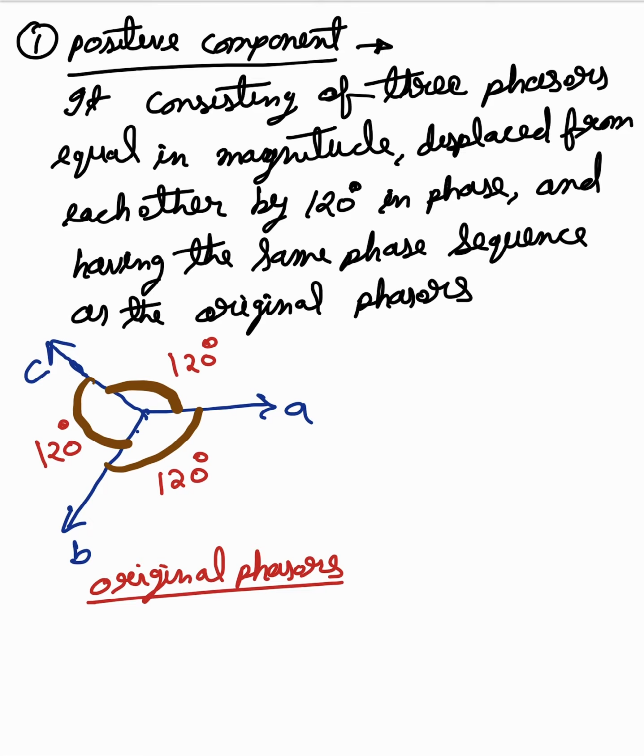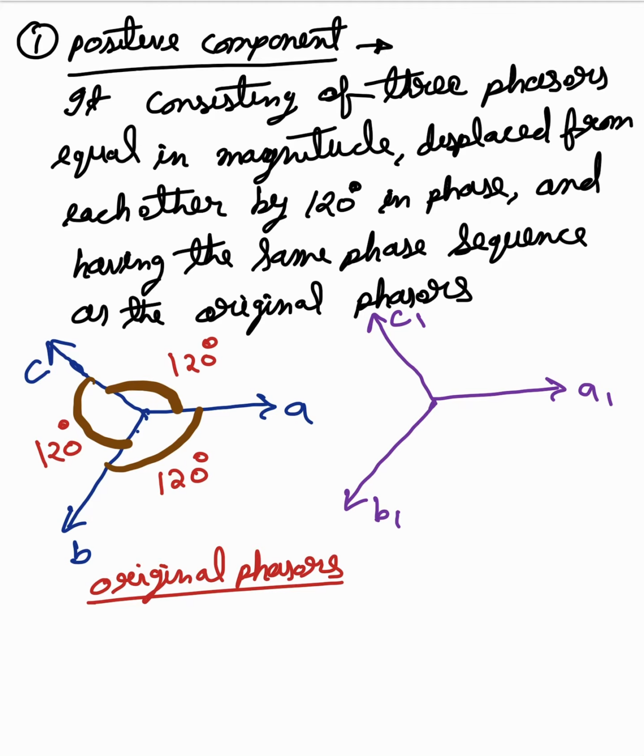Now the positive sequence phasors are A1, B1 and C1.